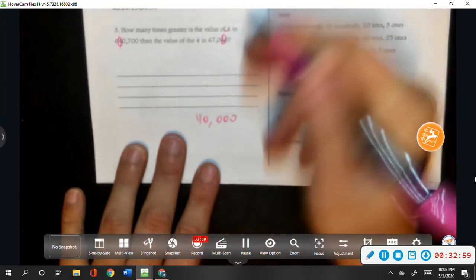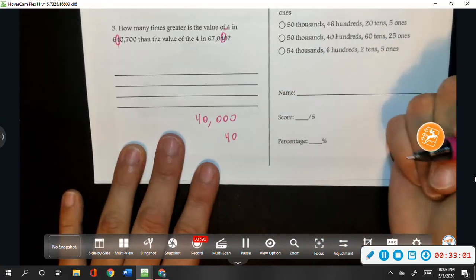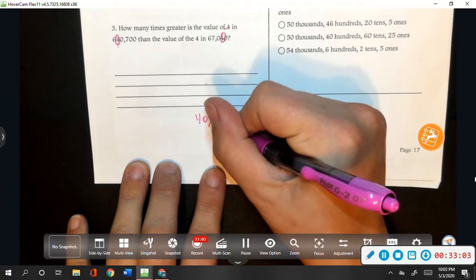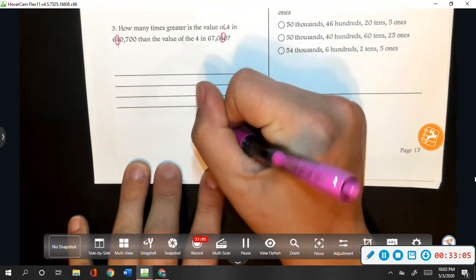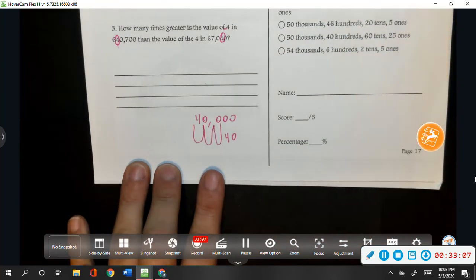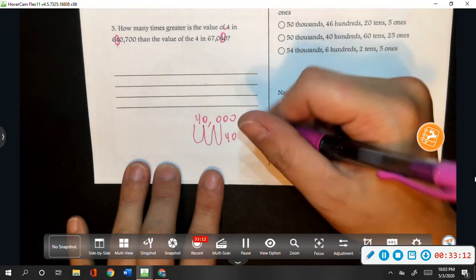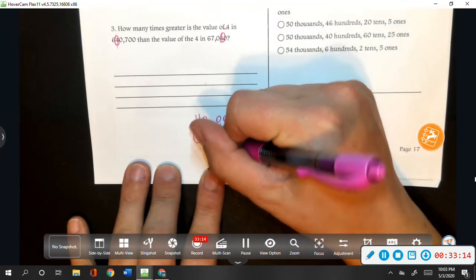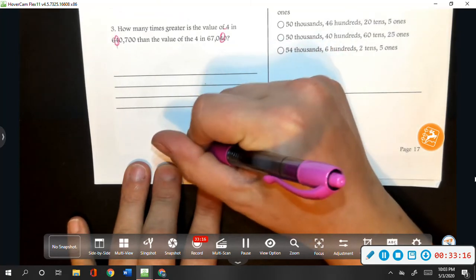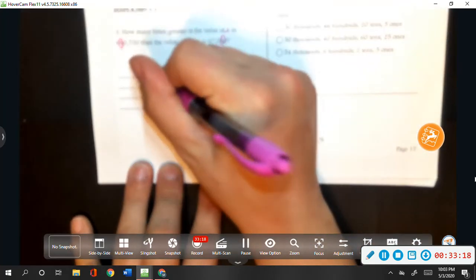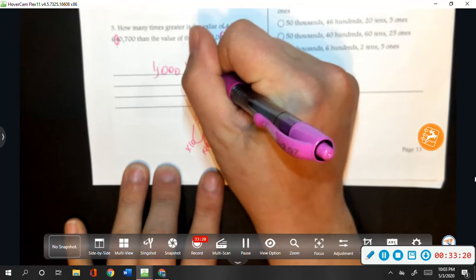And the value of this 4 is 40. So we went up, that's 1 place value, 2 place value, 3 place values. Every time we go up a place value, we times by 10. So this is times 10 is 100, times another 10 is 1,000 times greater.